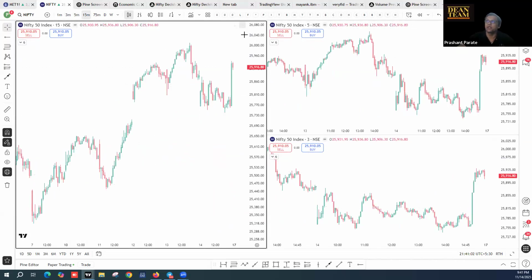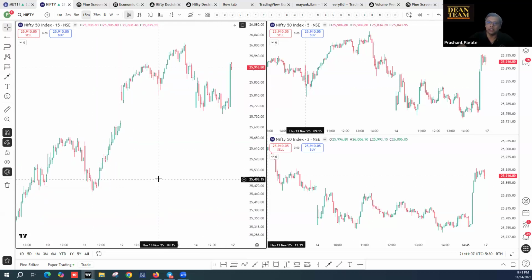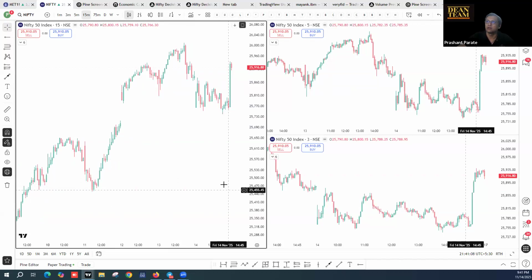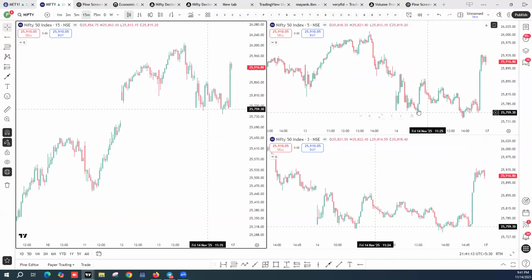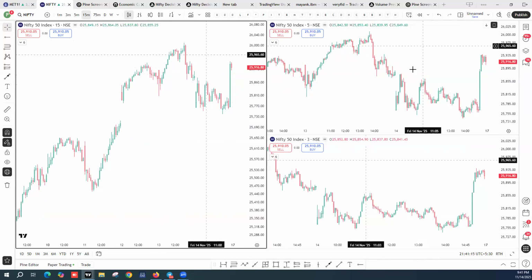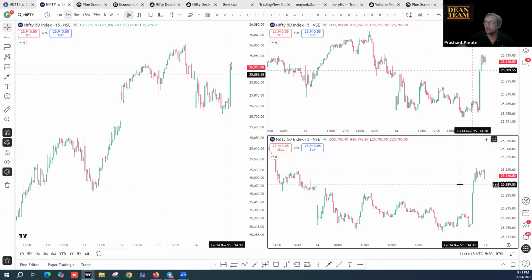So this 15-minute screen is as good as a laptop screen, slightly bigger than that. This 5 minute and 3 minute are slightly bigger than my 12.9-inch iPad.